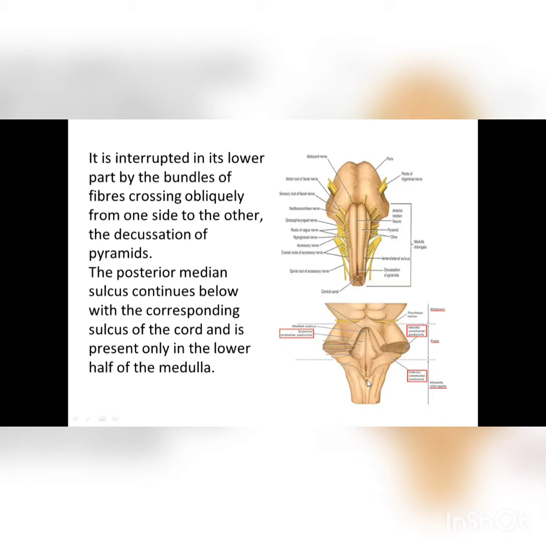That is about the posterior median sulcus, whereas the anterior median sulcus, or anterior median fissure, in the lower part is interrupted by fibers crossing obliquely from one side to the other. Those are the decussation of the pyramids.